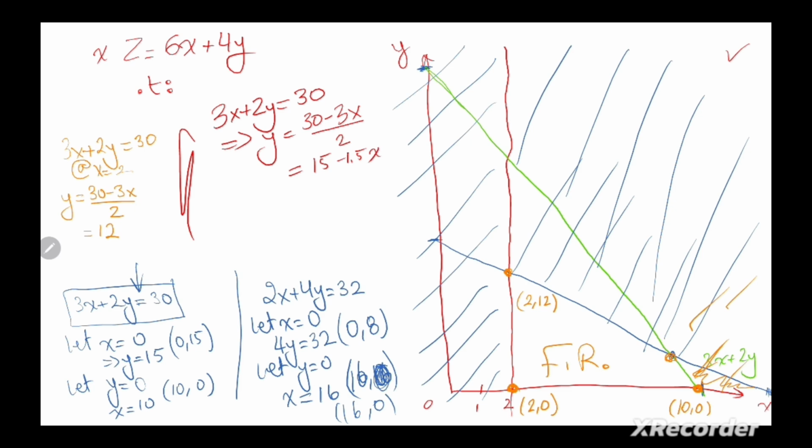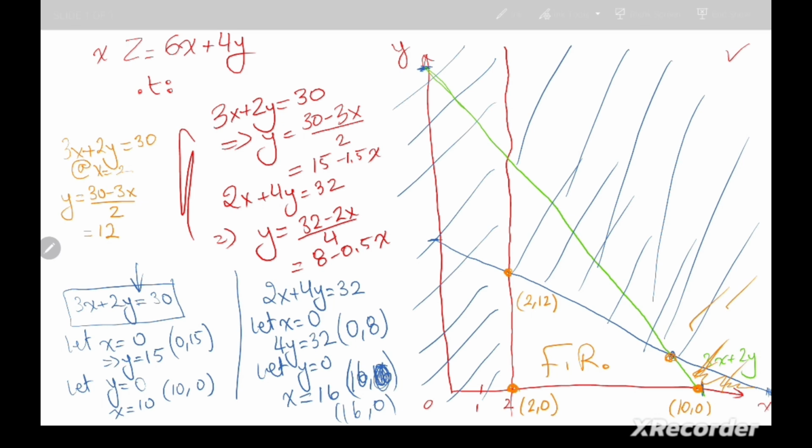And the other one is 2x plus 4y equals 32, which implies y equals (32 minus 2x) over 4, which is 8 minus 0.5x. Let's erase again.